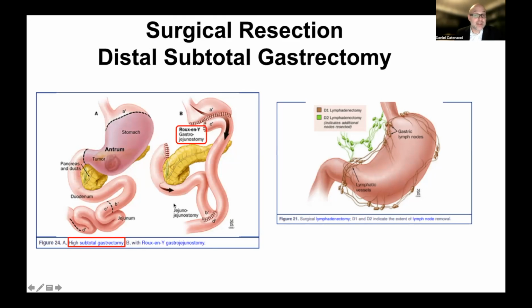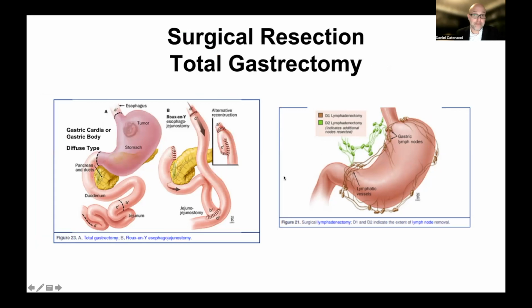And so again, for the decision on which surgery is going to be performed, the surgeon takes into account the tumor location, the size, the histological features, and their concern is to ensure that they are getting a negative margin. That is the primary concern of the surgery, to ensure that you're getting it all out. Again, with this same surgery, they're going to be doing a D2 lymphadenectomy optimally.